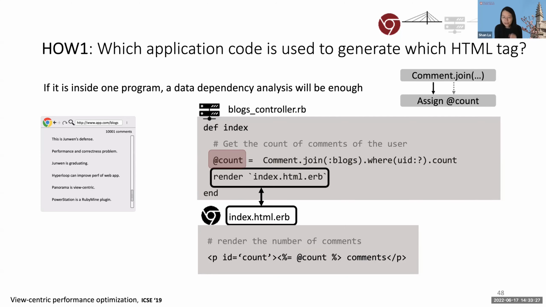It's because in Ruby there's a convention that at the end they will say render, and then put the HTML file there. So basically, they do a matching of the HTML file name, and if they match, then we know that the variable referred to by this HTML is generated by the corresponding function that put the render at the end.